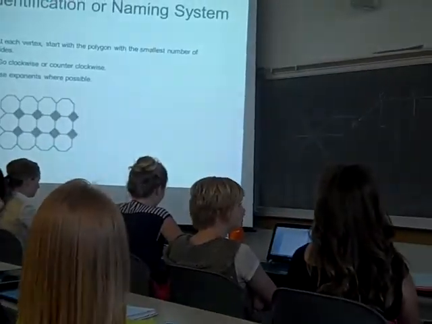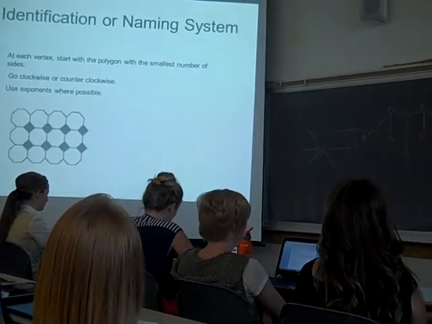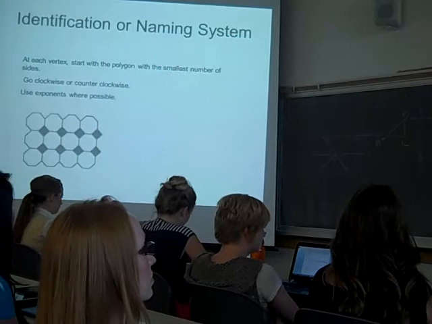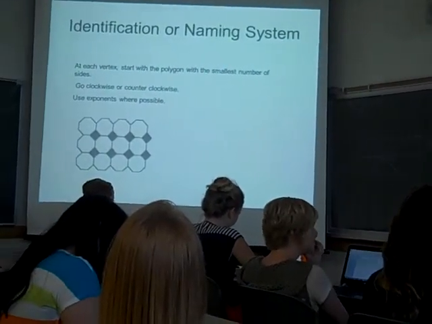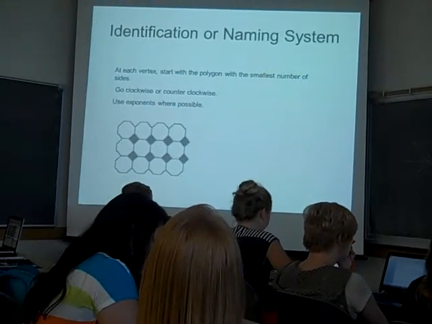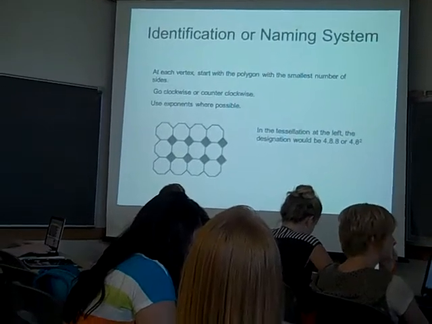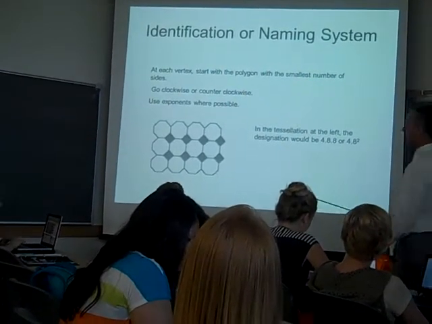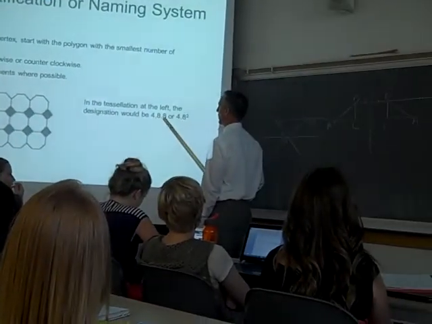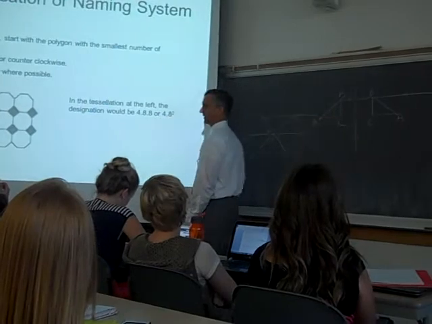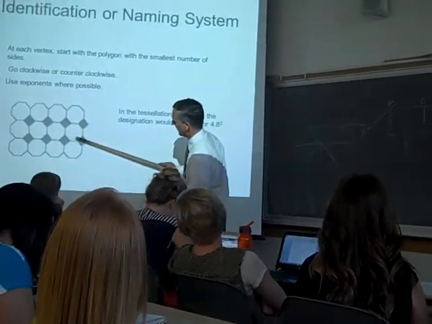The way these are designated is you go to a vertex, start with the polygon with the smallest number of sides, and then you can go either clockwise or counterclockwise, and you may use exponents where possible. So this one at the left, since every vertex has a 4-sided and two 8-sided ones, we go 4.8.8 or 4.8 squared, because these two octagons are right together.